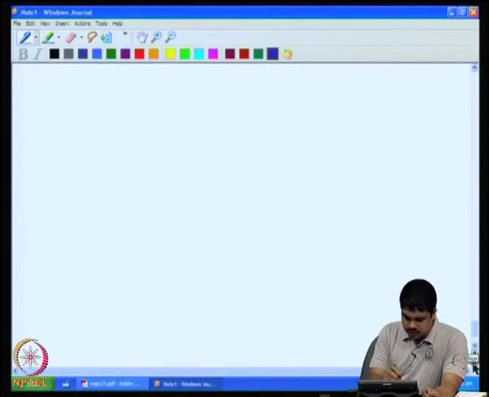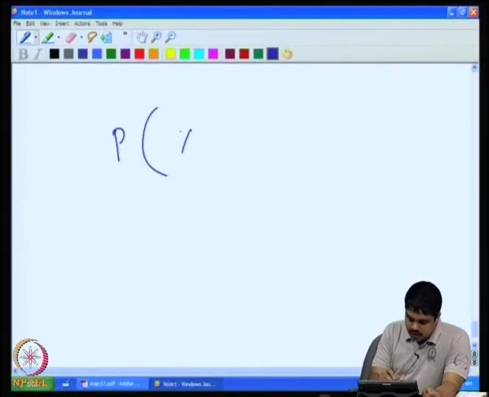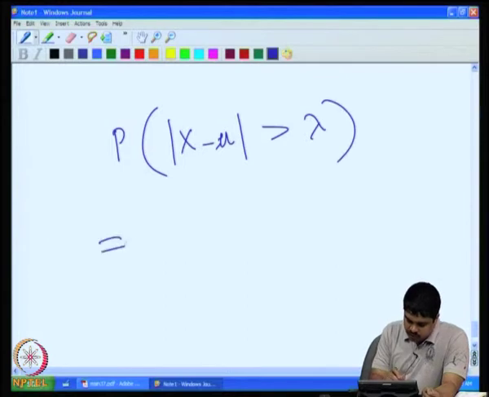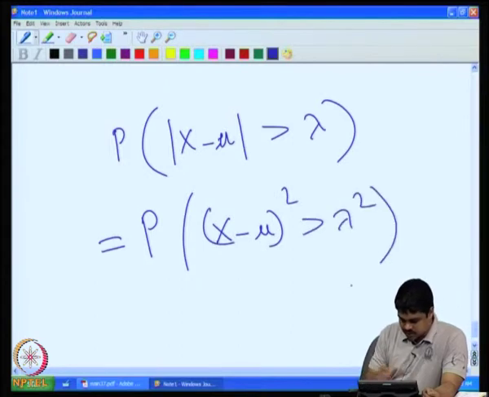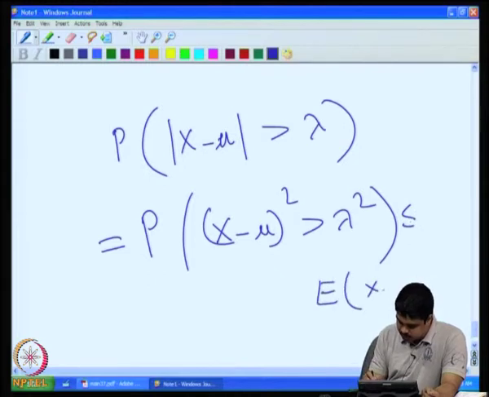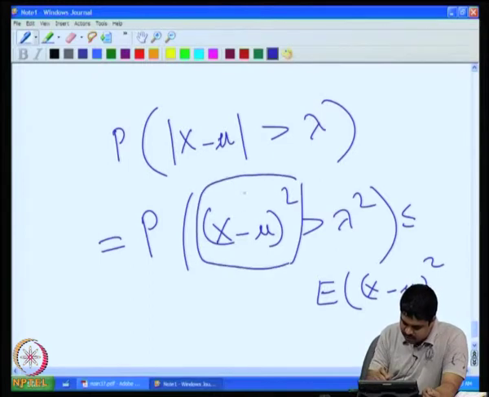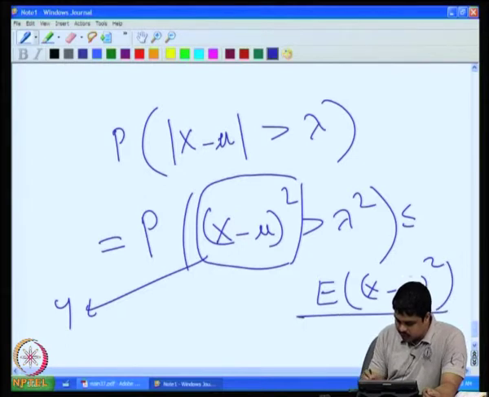If you want to look at the probability of the absolute value of x minus mu being greater than lambda, definitely you can see that this is equal to, if you just square it, this. Now, this is less than the expectation of (x minus mu) whole square, considering this as a different random variable, say y, so this is expectation of y divided by this quantity, lambda square.